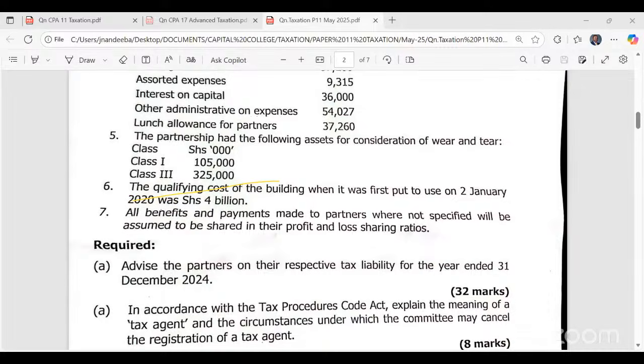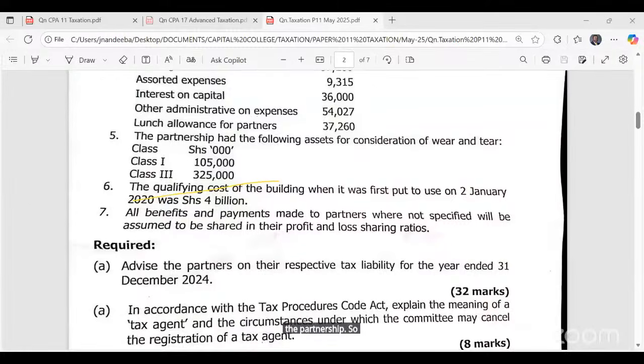But other things, call them interest on capital, call it salaries of the partners, call it any private expenses or private allowances, as long as the partnership paid it to the partners, or as long as the partners picked it from the partnership, that would not have been an allowable deduction of the partnership, because partners are not allowed to pick money from the partnership.